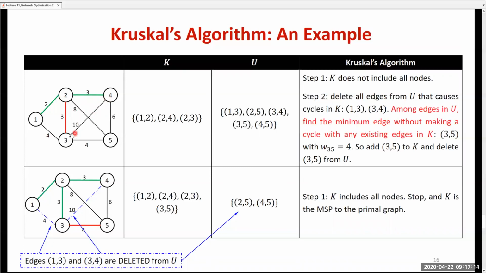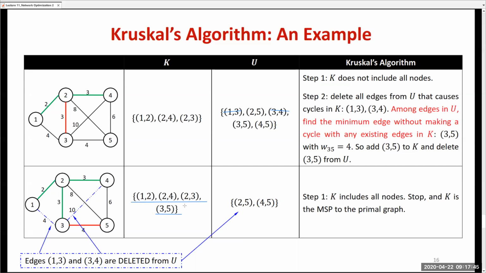In step 2.2, after removing edges 1, 3 and 3, 4, I'm going to choose the minimum weight, which finally is 3, 5. So step 1, optimality test: yes, indeed, all nodes are already included in this graph. So I'm done. And K, which is here, is the minimum spanning tree.